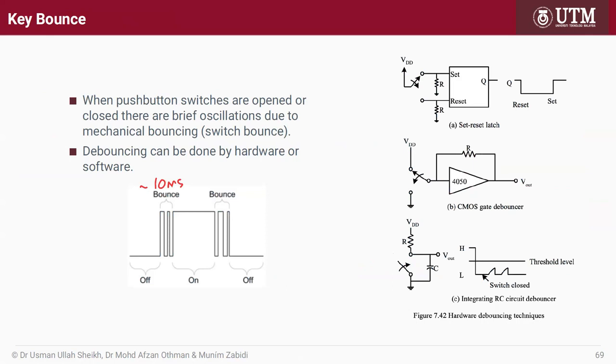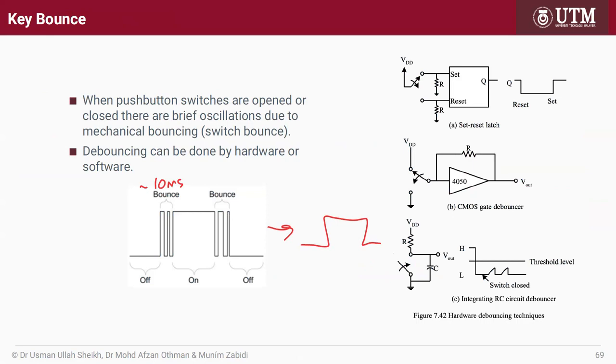If the switch is high quality, the bouncing is less, or maybe no bounce. But if it's a very cheap switch, maybe longer than 10 milliseconds. The bouncing can cause errors in your program. So you must remove the bouncing. You must convert that to a clean transition like that.